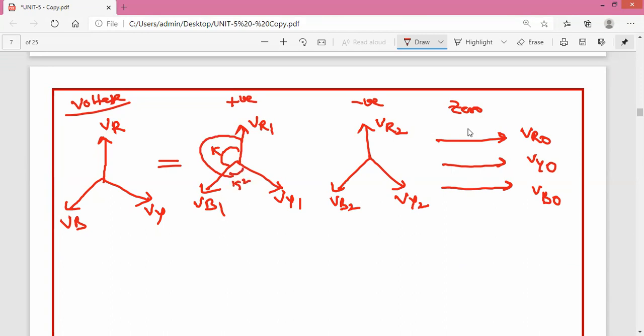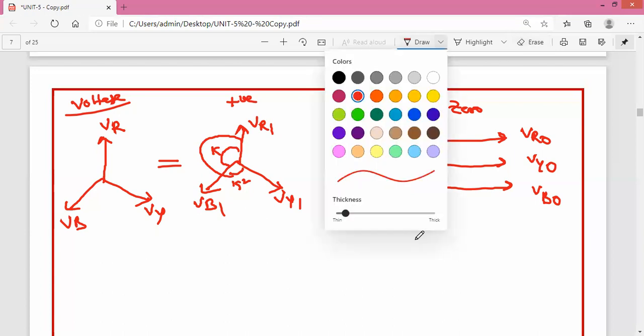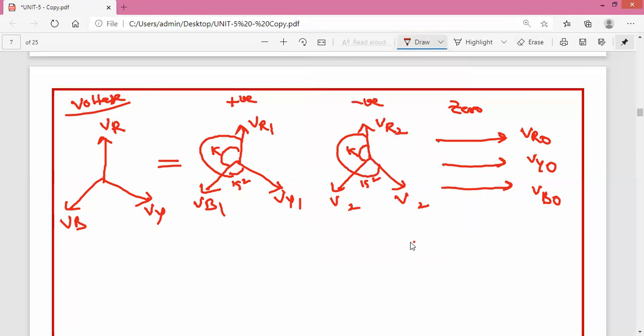Negative sequence components are also displaced by 120 degrees, with a and a squared swapped. Sorry, these are the negative sequence components: this is VB2 and this is VY2, because positive sequence is R1, Y1, B1 and negative sequence is R2, Y2, B2.